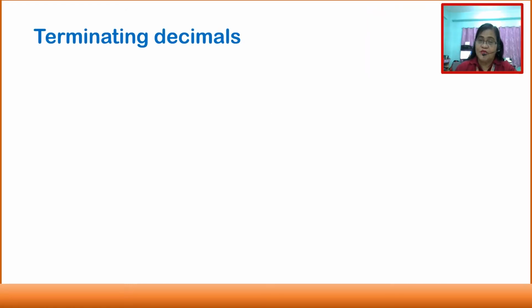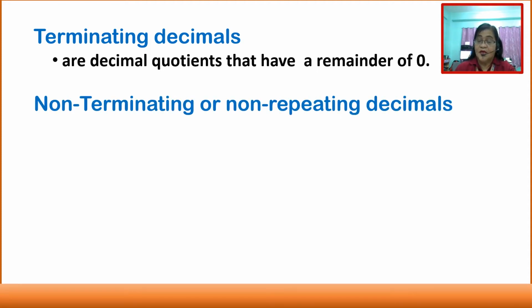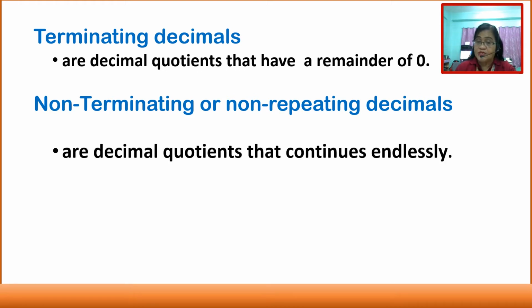When we say terminating decimals, these are decimal quotients that have a remainder of 0. Non-terminating or non-repeating decimals, on the other hand, are decimal quotients that continue endlessly. That means you will not reach a remainder of 0.